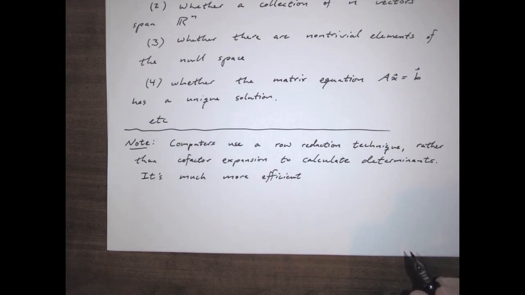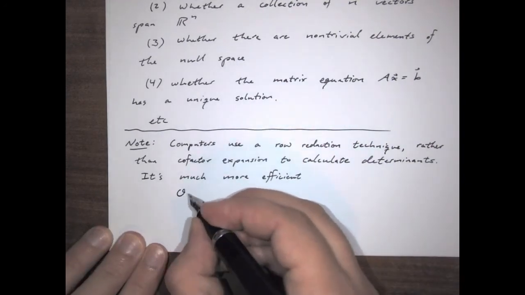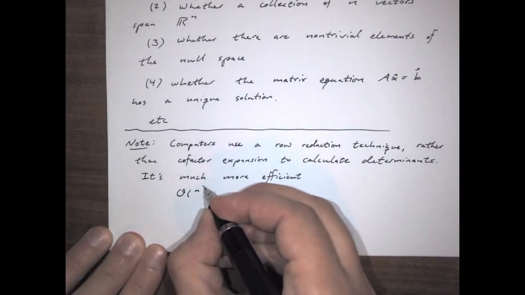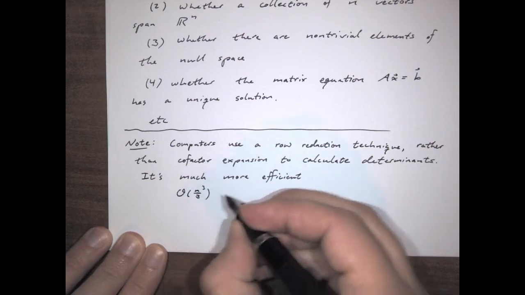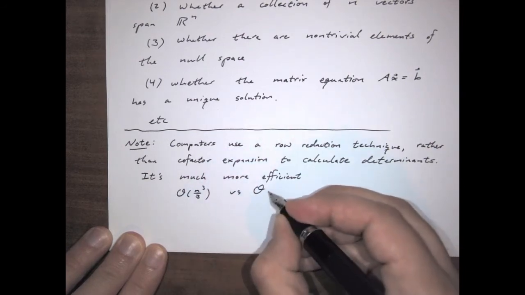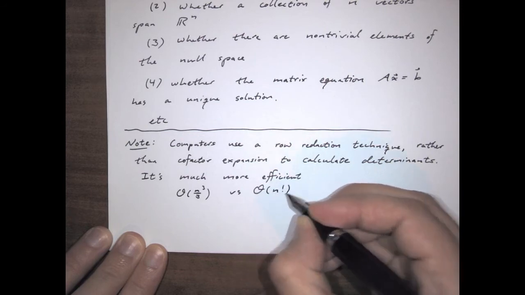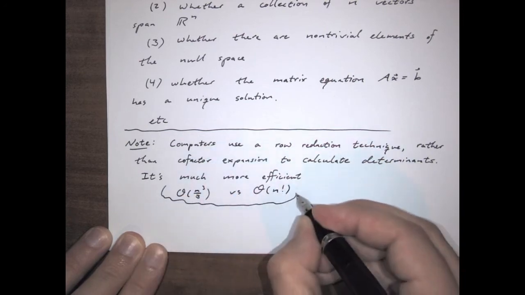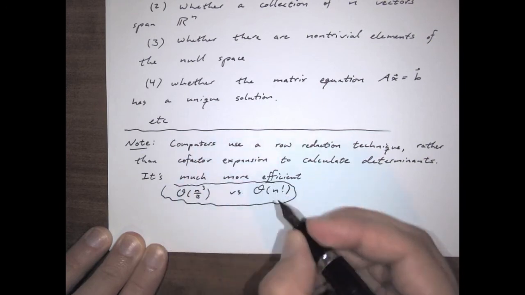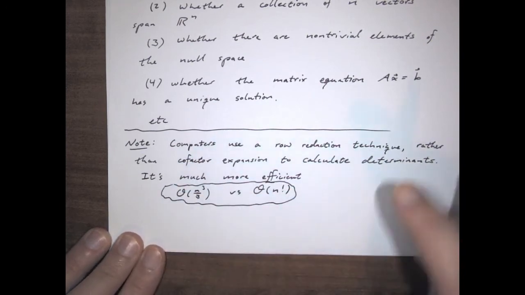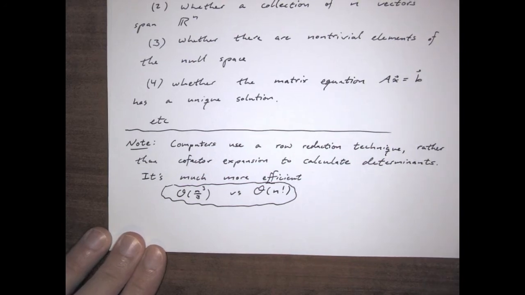If it were to do it by cofactor expansion, I believe the figure is that if it did a trillion operations per second, it would still take 500,000 years to compute that determinant. So this is just a side note. It's order of n cubed over 3 versus the order of n factorial. This is only for those who are deep in the weeds of computer science, but it's just a fact that is of some interest.